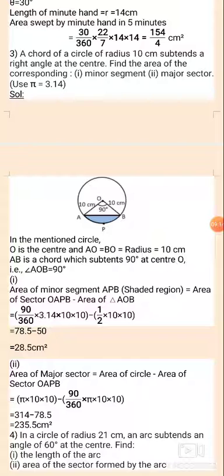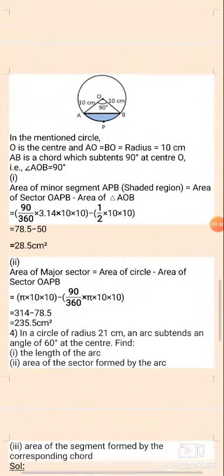The area of the sector OAPB we found is 78.5. Now, pi value 3.14 into 10 into 10 is 3.14 into 100, which is equal to 314, minus 78.5. At last, we get 235.5 centimeter square.